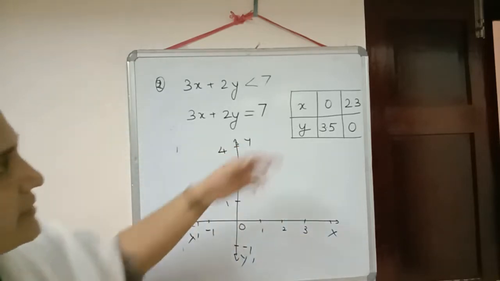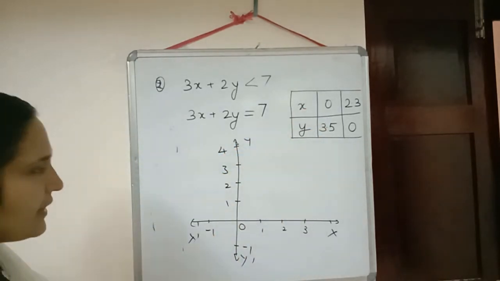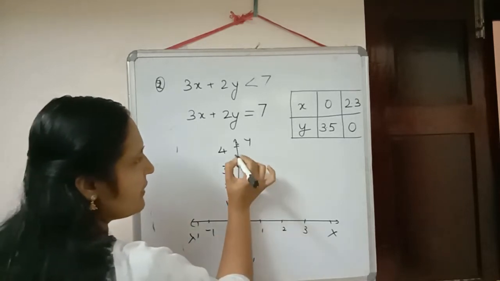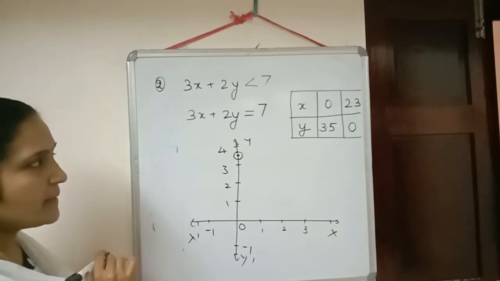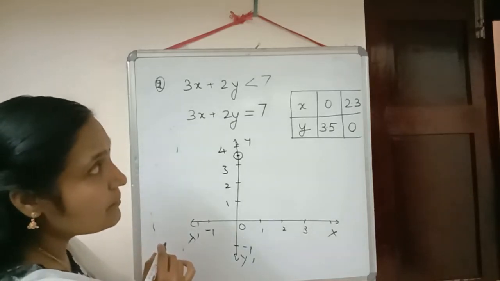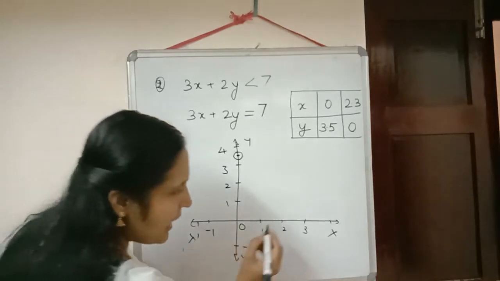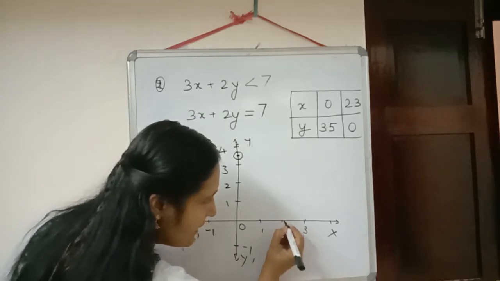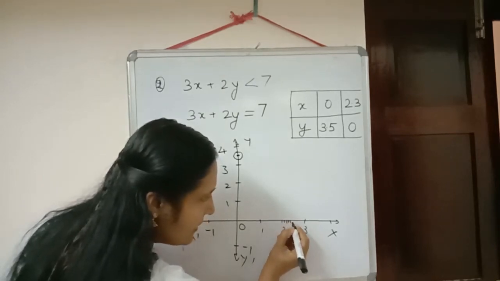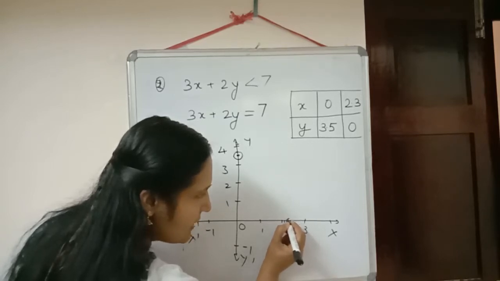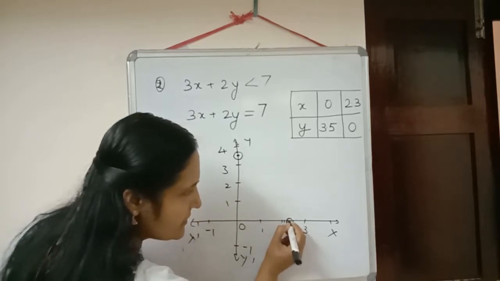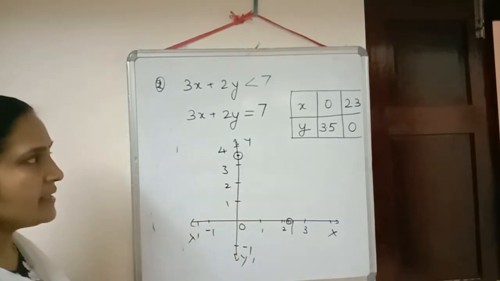So the first point is 0, 3.5. 3.5 will be in the middle of 3 and 4. So 0, 3.5 and then 2.3, 0. After 2, the third small line will be 2.3. So we can mark the third line here. This is the point 2.3.